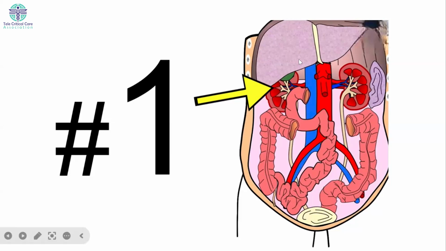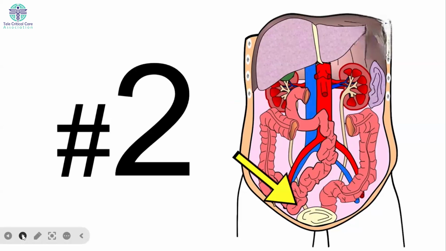This is the most dependent position of the body in the supine position, where the blood gets accumulated. And the second most dependent position is the pelvis, which is also called the rectovesical pouch in males and the rectouterine pouch, or pouch of Douglas, in females.